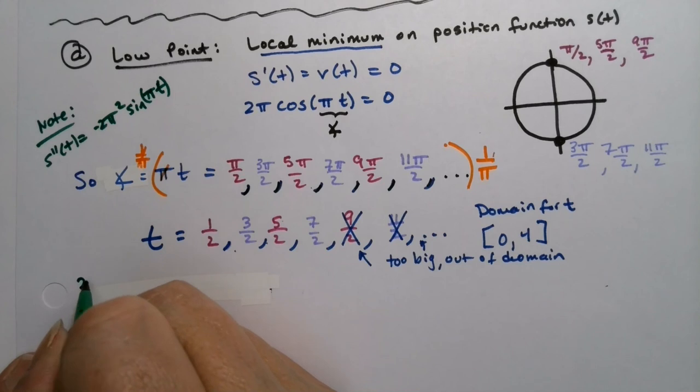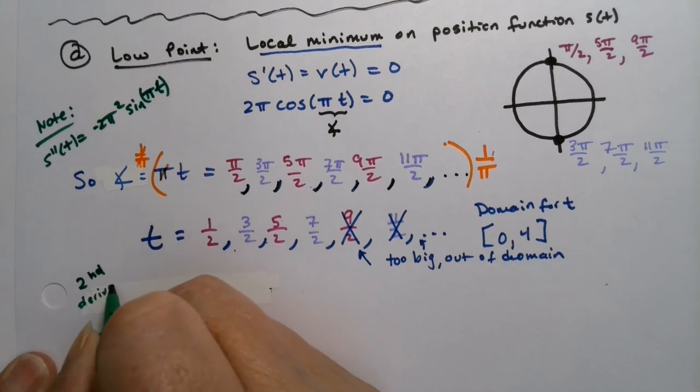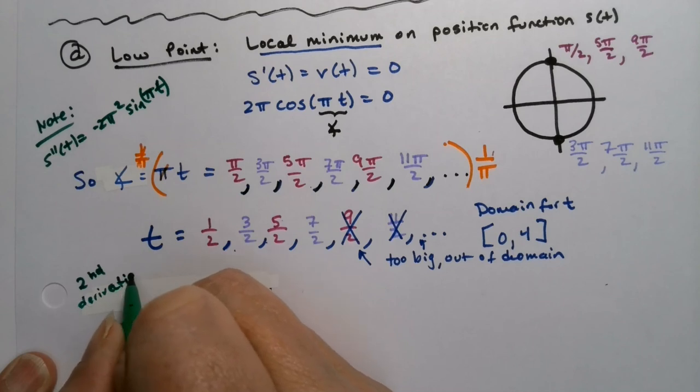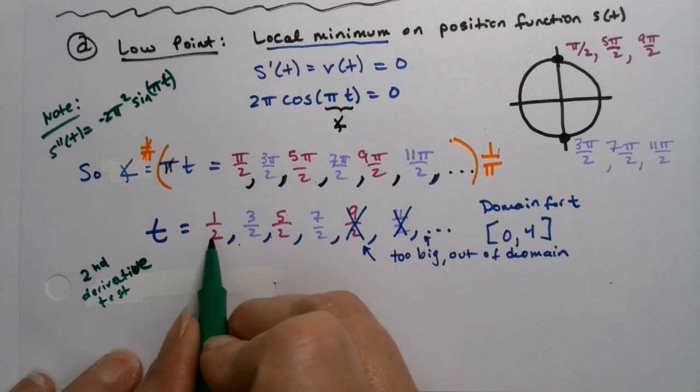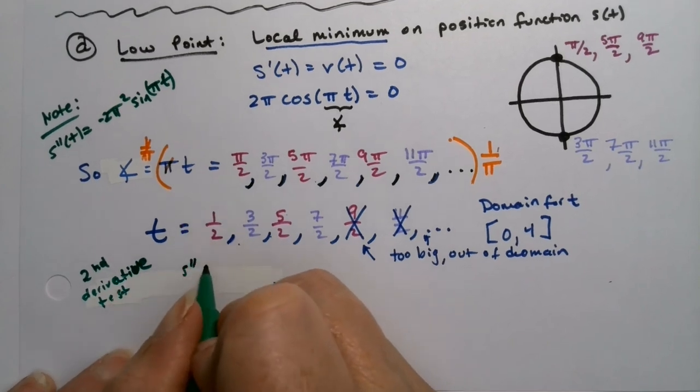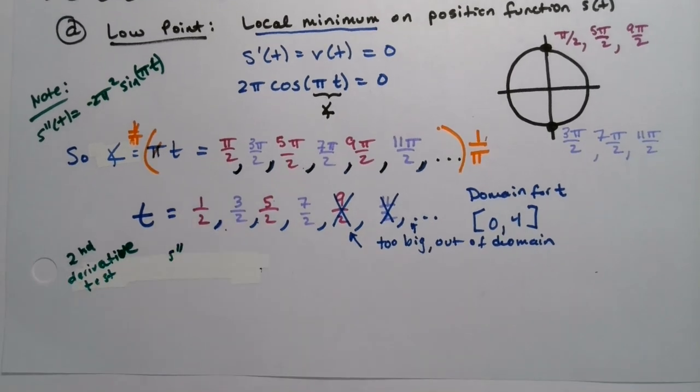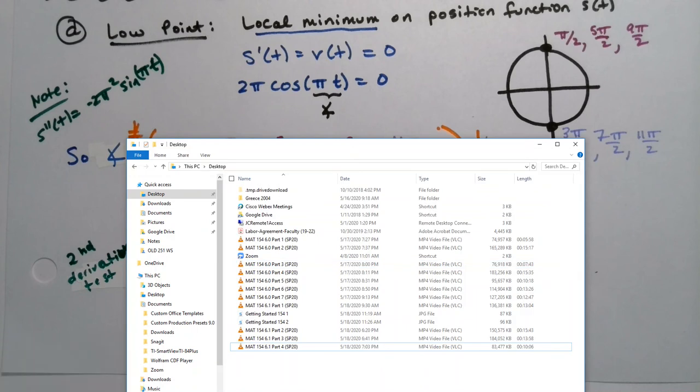Do you remember Calc 1? Second derivative test. Okay, so S double prime here is, well, let's go check. I mean, this is what Desmos is for, right? Okay, so I go grab, whoop, wrong thing, sorry.